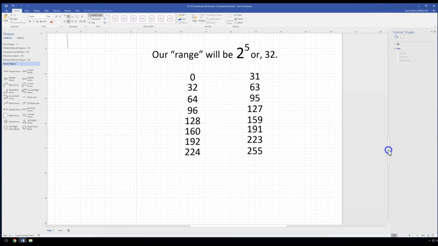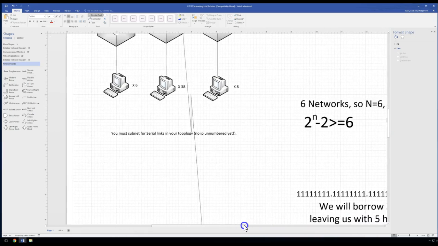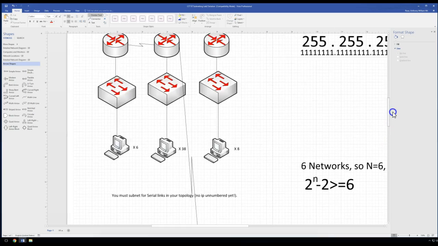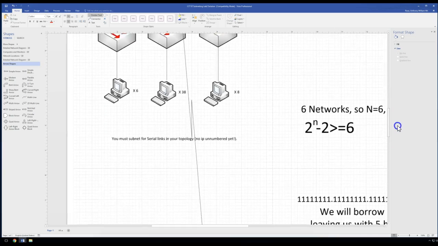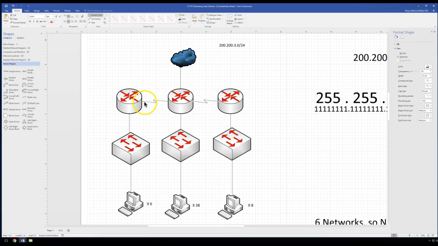And so if we look back at the networks that we had borrowed here, and I've messed my document up somehow, we could address this one with 33, this one with 34. We could do 65, 66, 67, 68, 69, 70, and 71 here.